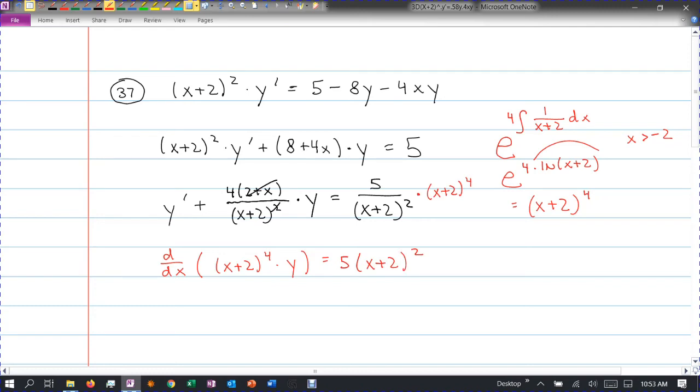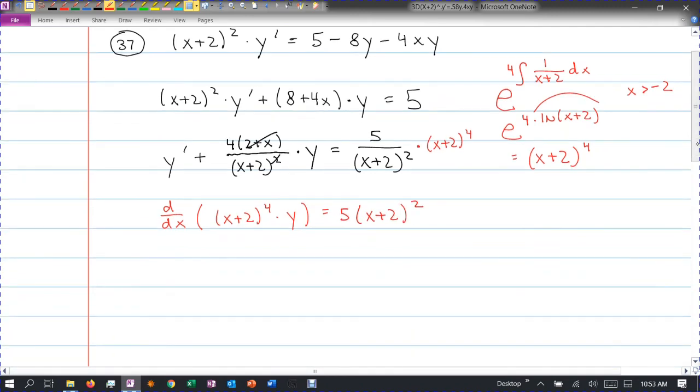And now we are ready to integrate with respect to x. So left side becomes x plus 2 to the 4th times y. This one, with respect to x, you can just do a basic u sub. u is x plus 2. And so we should get, I'm going to trust you can get that, 5/3 times x plus 2 cubed, and then plus some constant.